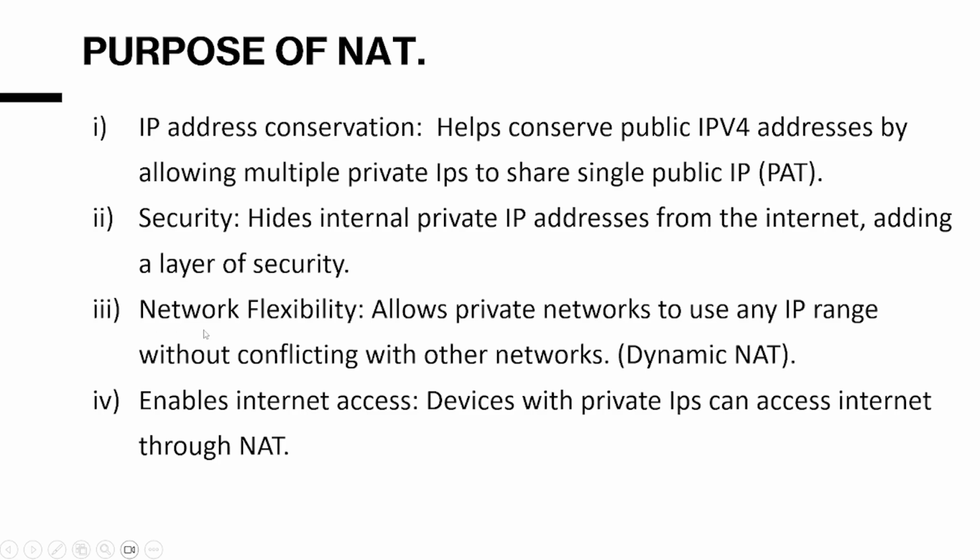Third, network flexibility allows private networks to use any IP range without conflicting with other networks. Fourth, it enables internet access. Devices with private IPs can access the internet through NAT. So you can see NAT is very important.